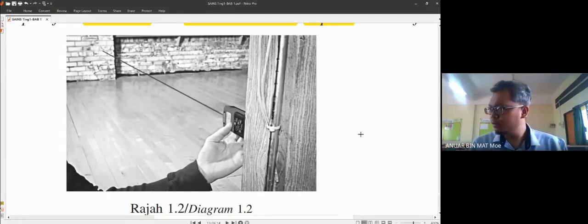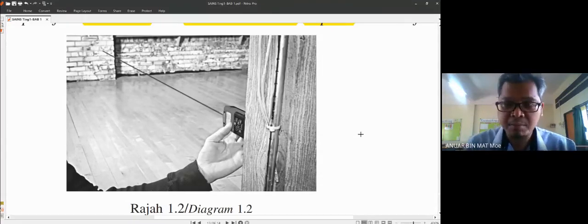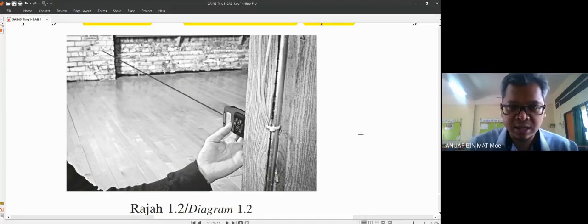Because if you just refer to the textbook, maybe the textbook just gives you the basic knowledge only. You need to further find information about innovation in measuring instruments.